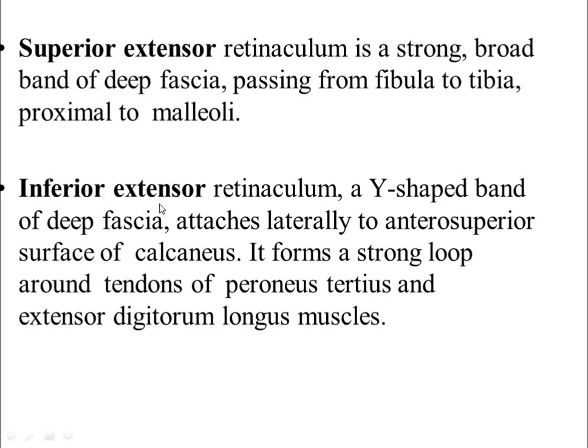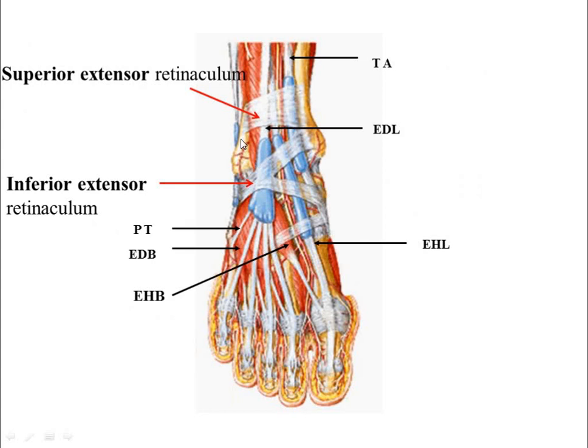The inferior extensor retinaculum is a Y-shaped band of deep fascia which is laterally attached to the anterosuperior surface of the heel bone. You can palpate your heel. So heel bone, anterosuperior surface laterally. It forms a loop around the lateral tendons present in this region, that is peroneus tertius and extensor digitorum longus.